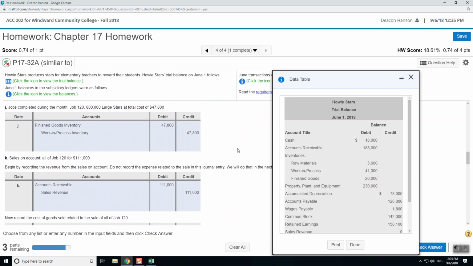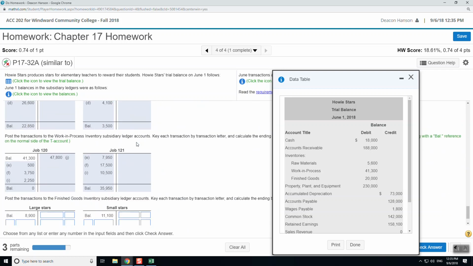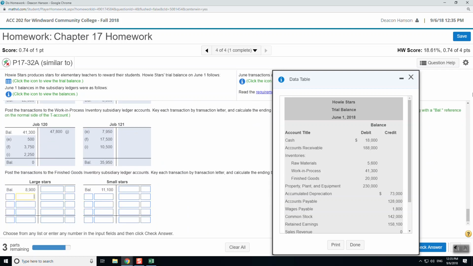Okay, see, job 120, the jobs completed during the month. Job 120 was just large stars. So there were 800 large stars at 47,800. So during the month, 47,800 large stars came in, right?